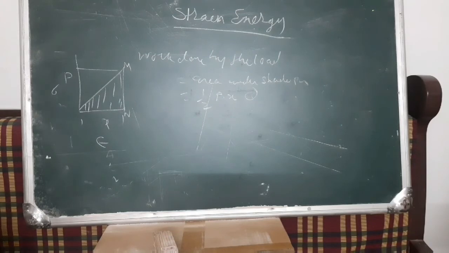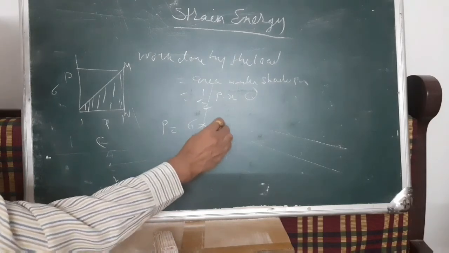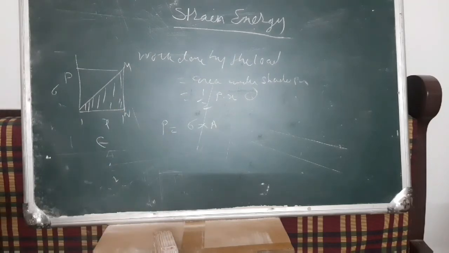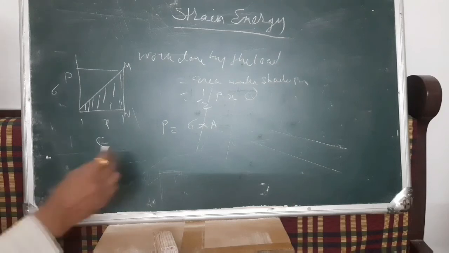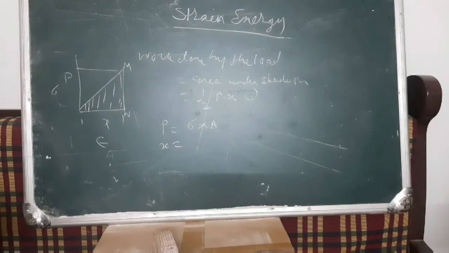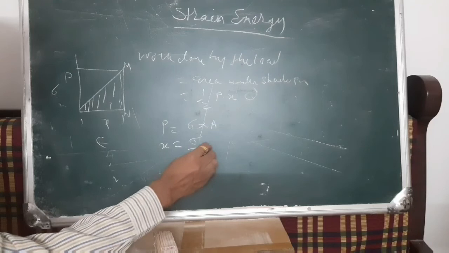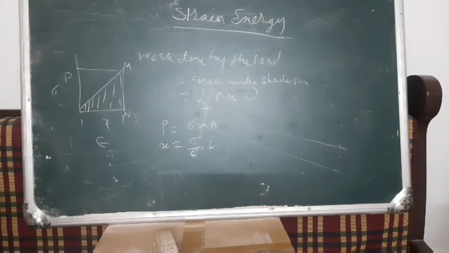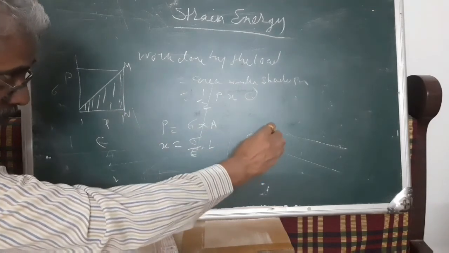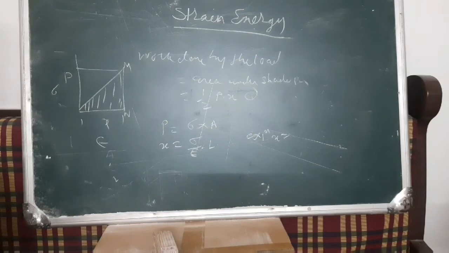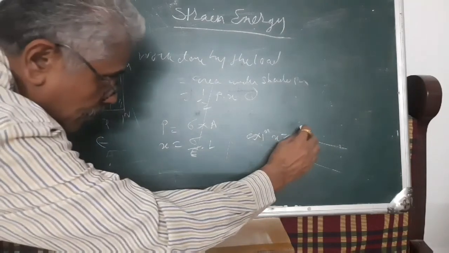Now what is P? From the basics, P is equal to sigma into A. That is, sigma is equal to P by A. Similarly, what will be the extension x? x is equal to strain, epsilon, into length.